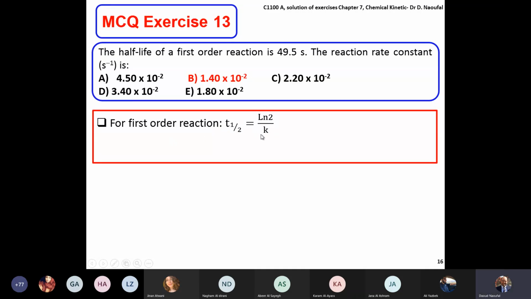So t-half and k have inverse units. So k equals ln 2 divided by t-half, 49.5. So the value of k obtained should be in s^-1: 0.014 s^-1. So the correct answer is B.